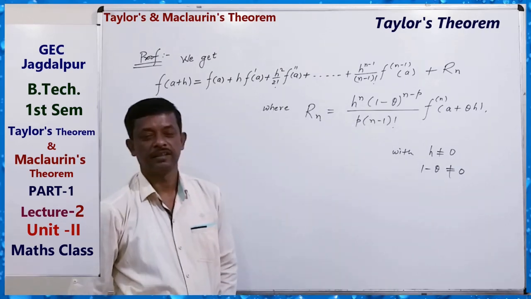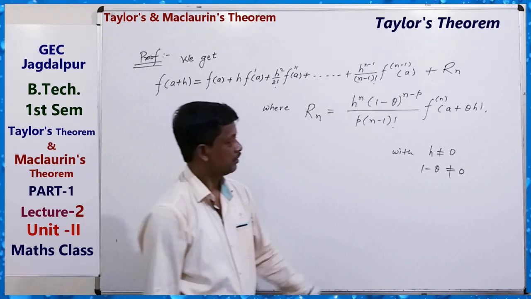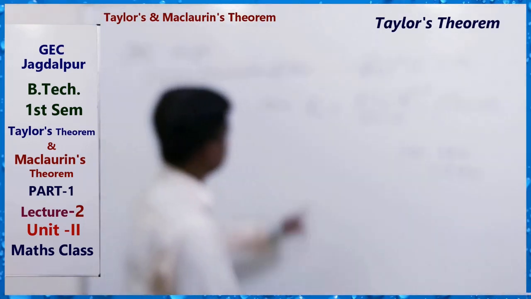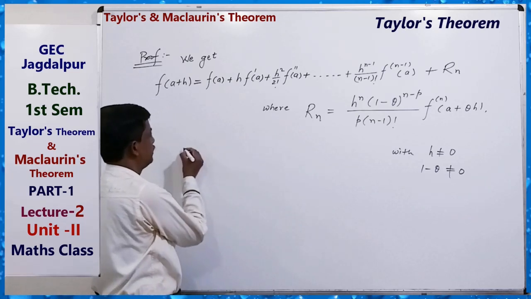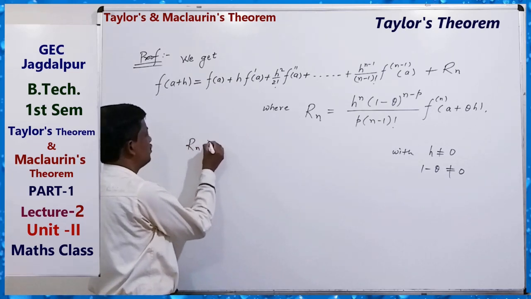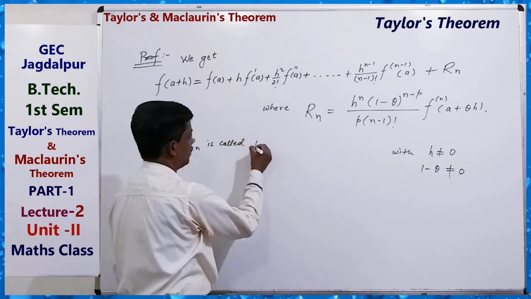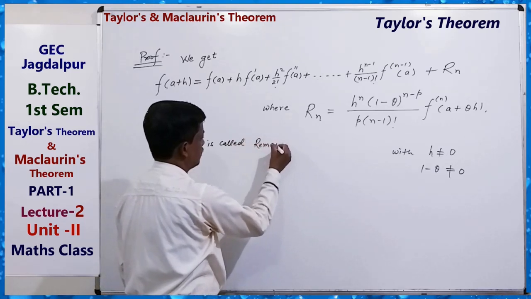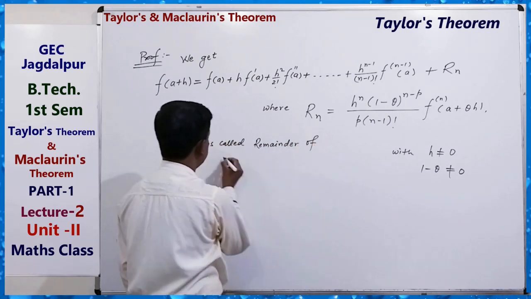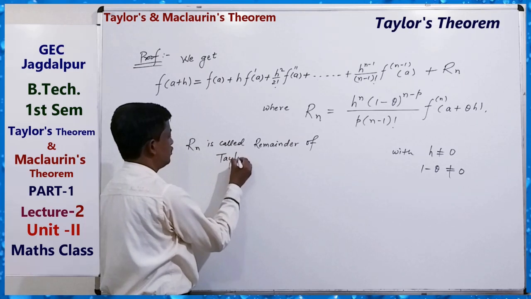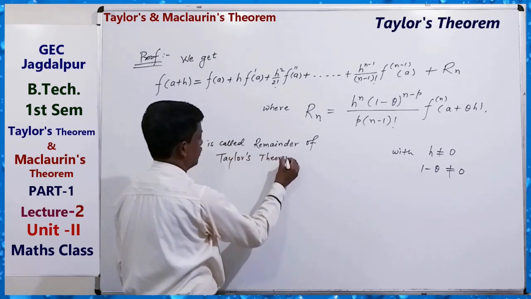Is this clear? So Rn is called the remainder of Taylor's theorem.